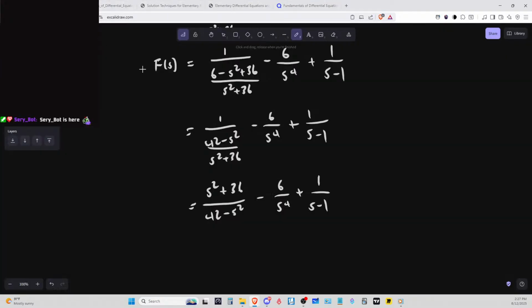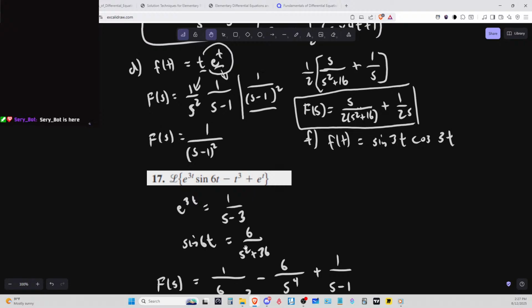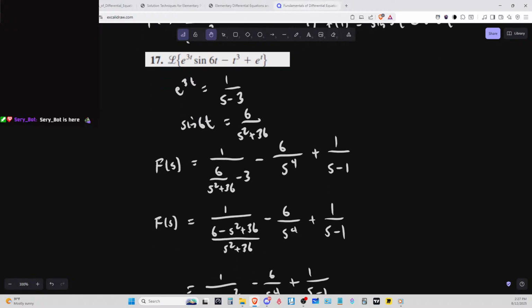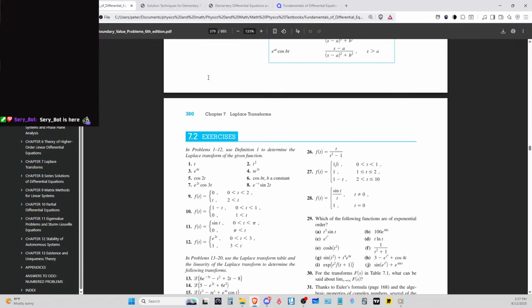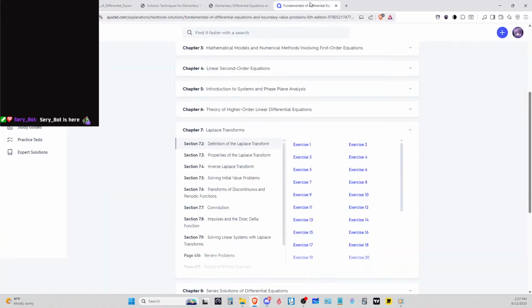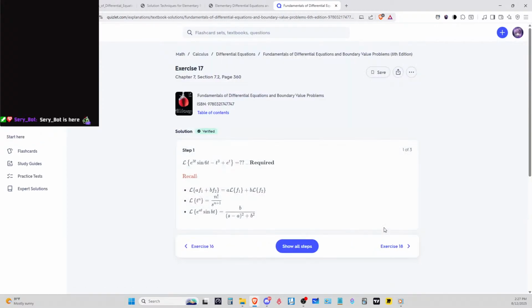So I think the problem we did was number 17, right? Yeah, number 17 in section 7.2. So 7.2, right? And the exercise is 17. Okay.